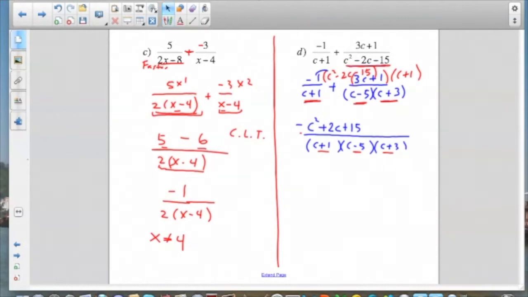All right, so we're just going to rainbow. So we get 3c squared, rainbow, 3c, 1c, and 1 times 1 is 1. Okay, now it's time to collect like terms.